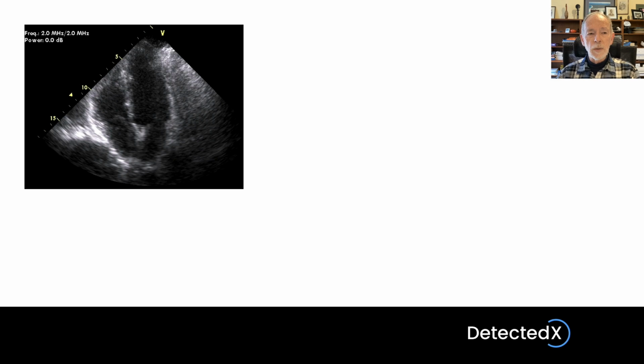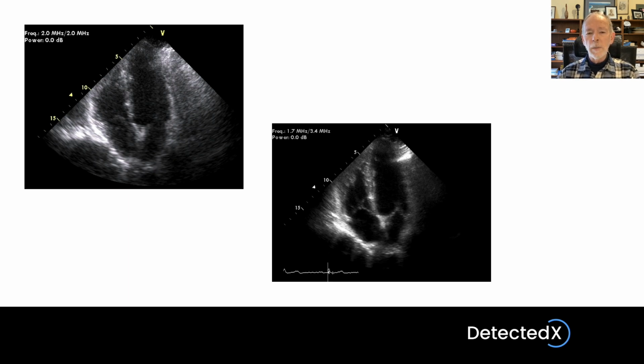Here's another example. In the heart, it's very common to have artifact echoes scattered around within the cardiac chambers, and this can be a very significant nuisance because, of course, echocardiographers tend to like to make lots of measurements of dimensions within the heart. In the top left, we have a standard image. In the center, we have a harmonic image.